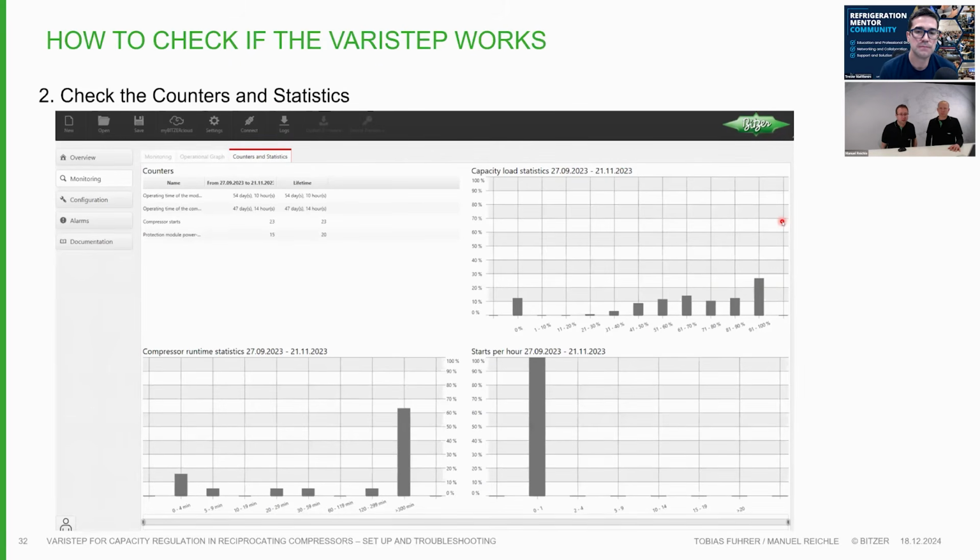So this compressor had 23 starts in 54 days. So this is not really a lot. Of course, at some point you reach the limits of the compressor, and then it has to stop. But 23 starts in more than 1 month is acceptable. It's less than 1 start per day.